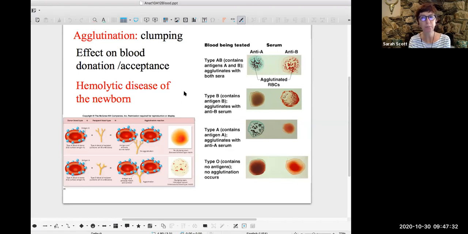But in subsequent pregnancies, if she had a pregnancy with another baby who was Rh positive, her own immune system would attack the pregnancy, and it would result in stillbirth or miscarriage. So these days, it is very typical right after birth to give a woman a shot that will stop her from making antibodies to Rh.